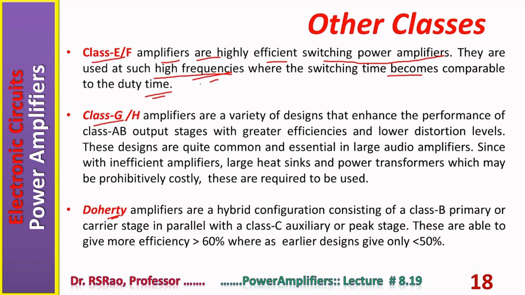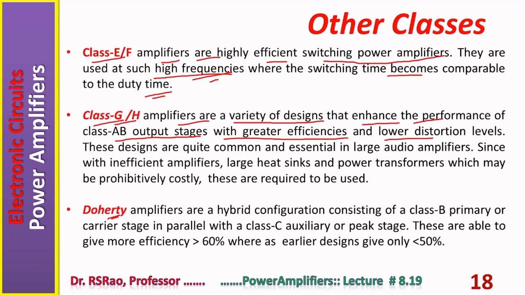Class GH amplifiers are a variety of designs that enhance the performance of class AB output stages with greater efficiencies and lower distortion levels.